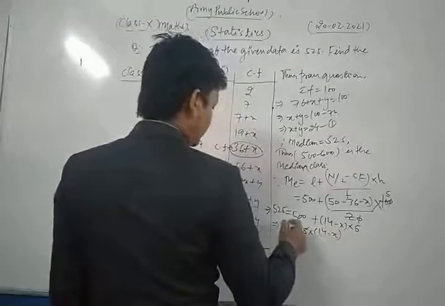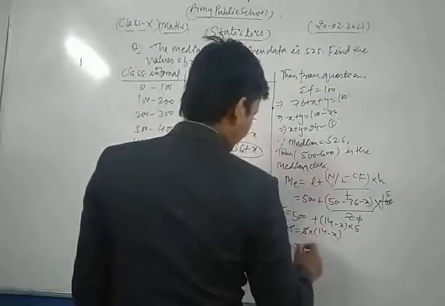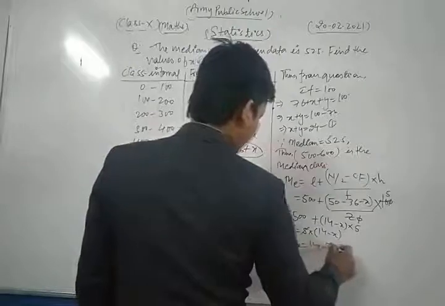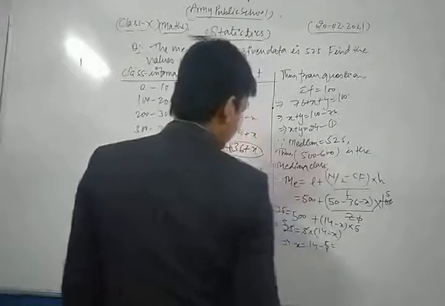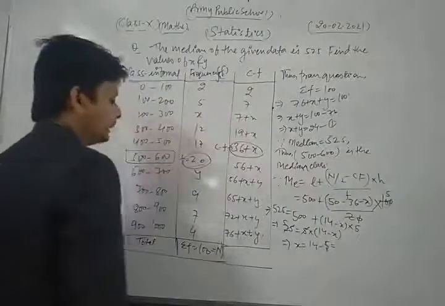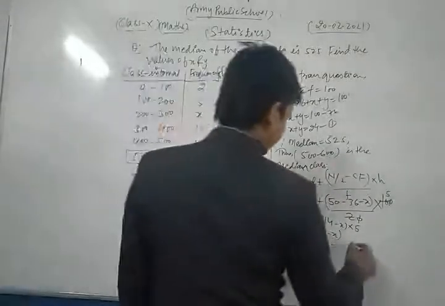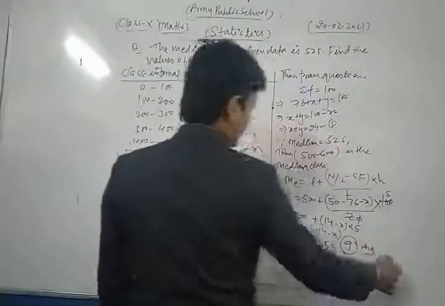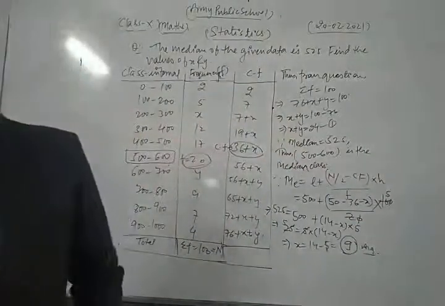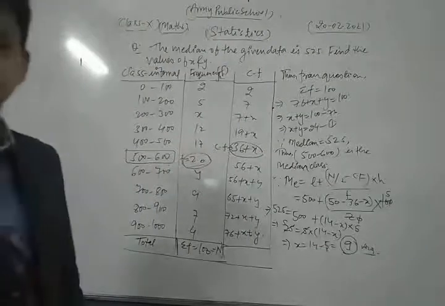Now 5 5 is 25. Thus the value of x is equal to 14 minus 5, that is 9. This is the one answer. Thus the value of x is 9, dear students.